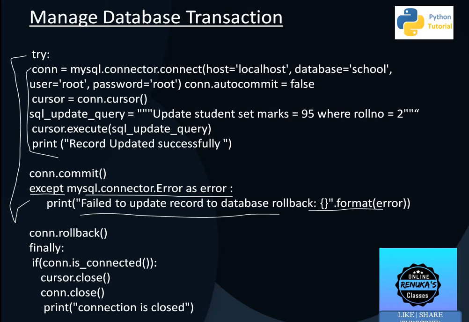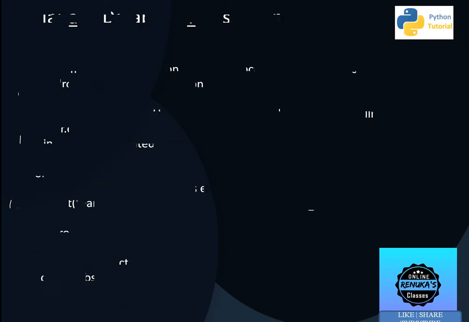And if try is done completely, like the update is done and commit is done successfully, after that control will come here, it will close the cursor, close the connection, and the connection is closed. So this is for connectivity. Thank you very much.